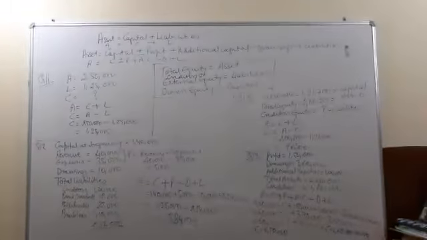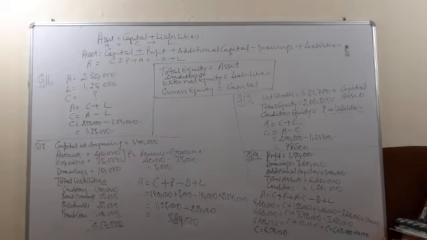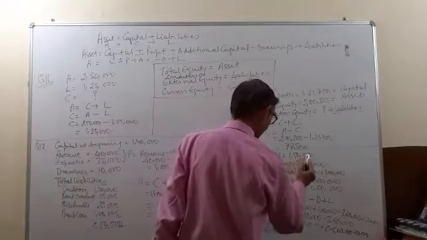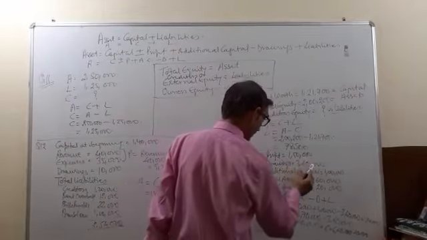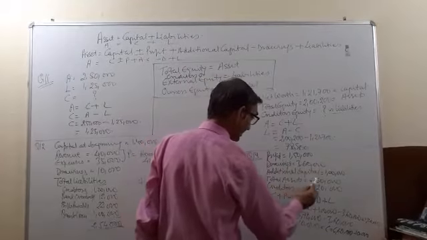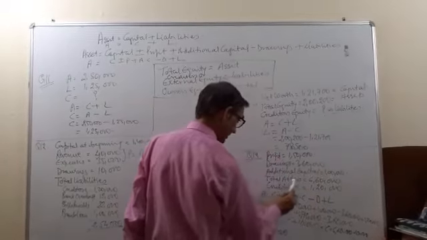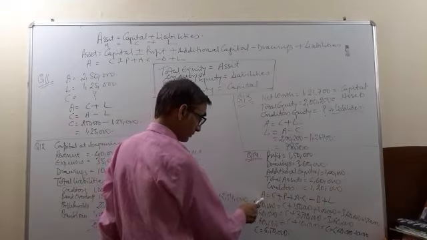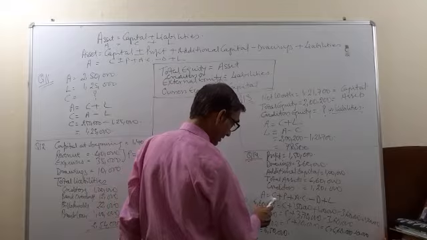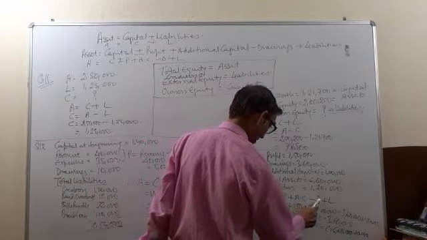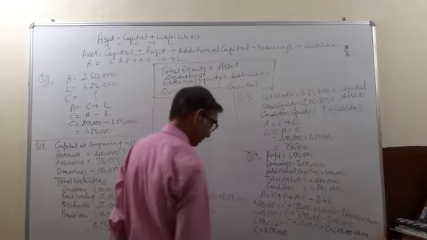You have to calculate the capital that is at the beginning. Profit is given 1,50,000, drawings is given 3,60,000, additional capital is given 1 lakh, total assets are given 6,60,000 and creditors are given 1,20,000. Your accounting equation will be asset is equal to capital at the beginning plus profit plus additional capital minus drawings plus liability.